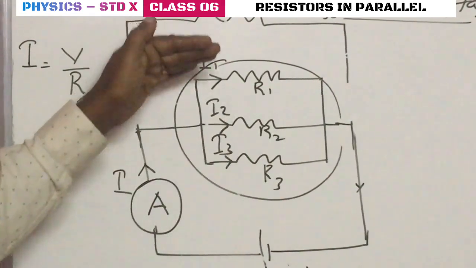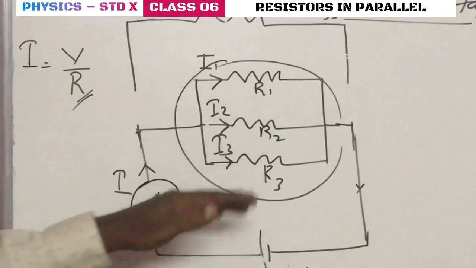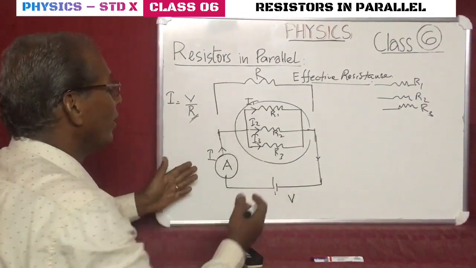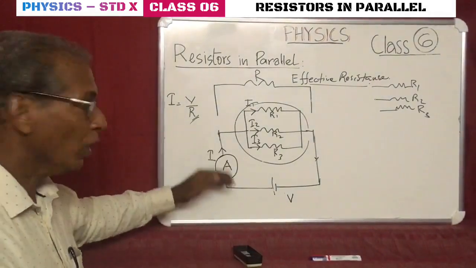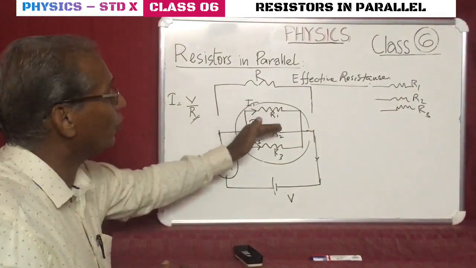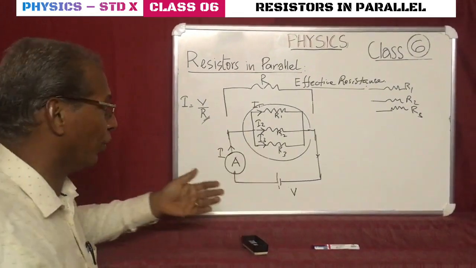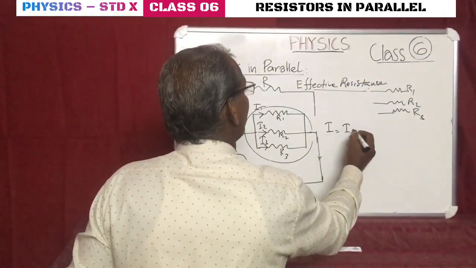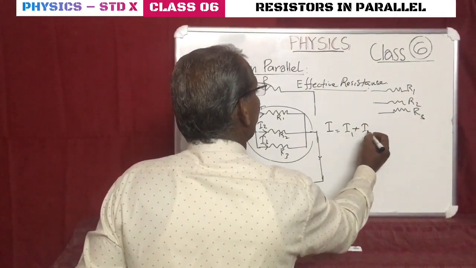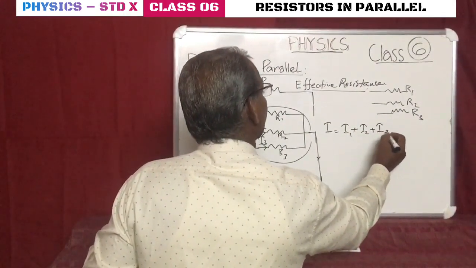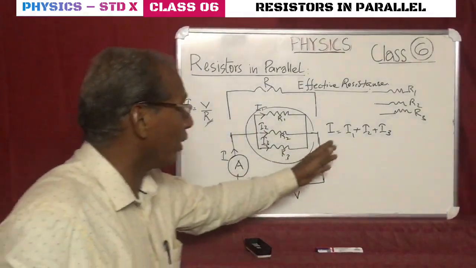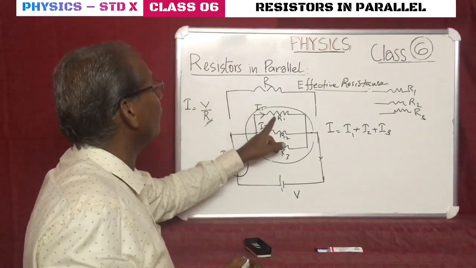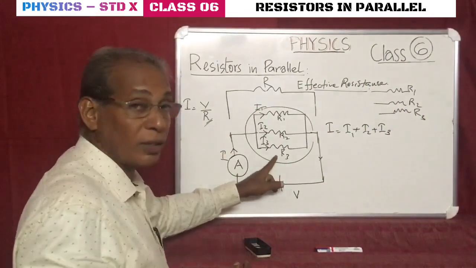So first branch, second branch and third branch, and the total current in the circuit is going to be I, though this I is split into 3. So we can form an equation: I is equal to I1 plus I2 plus I3, where I1, I2, I3 are these branch currents, that is current from R1, R2 and R3.